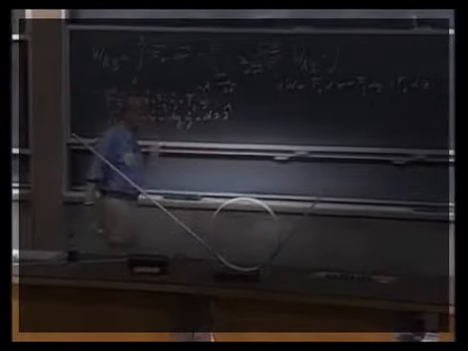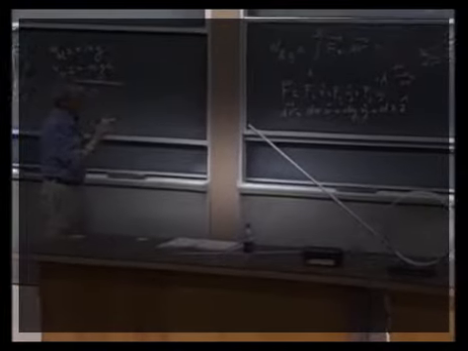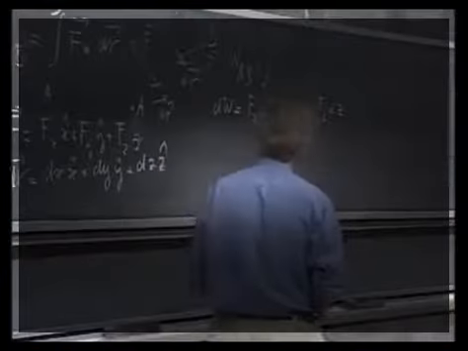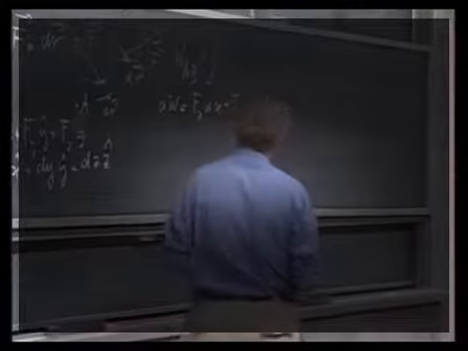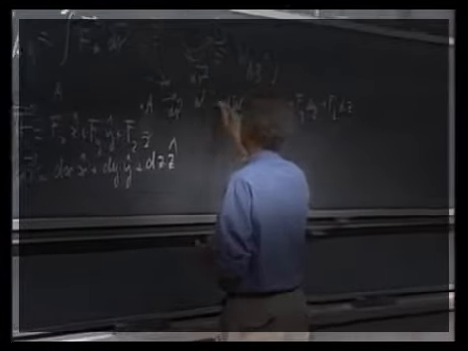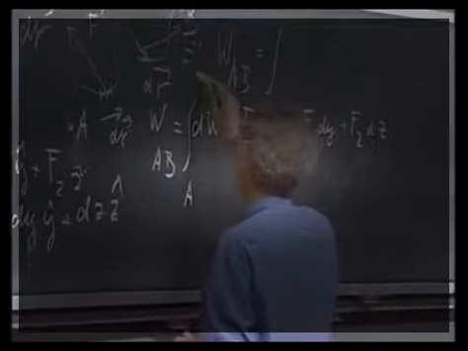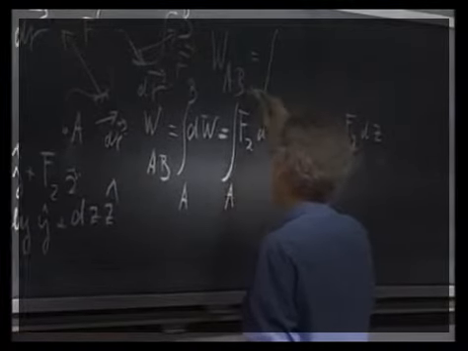That is a little bit of work if the force is displaced over a distance dr. Now I have to do the integral over the entire path to get W from A to B. That's an integral going from A to B.